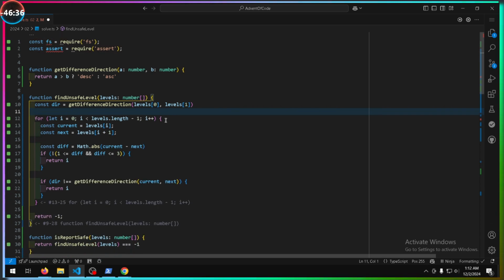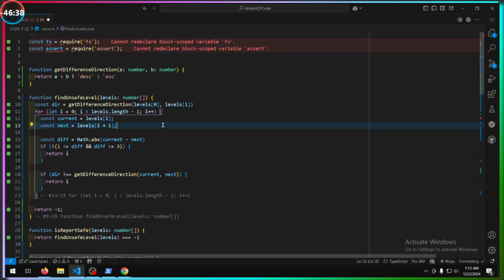Then we go through every level. And again, this can be seen as a 2-pointer solution where the second pointer is the one after the current. So our main index never goes to the end. We -1 that. And the one we're comparing with is always the one after. So we have that, and then we calculate the difference, which is the absolute value between the two.